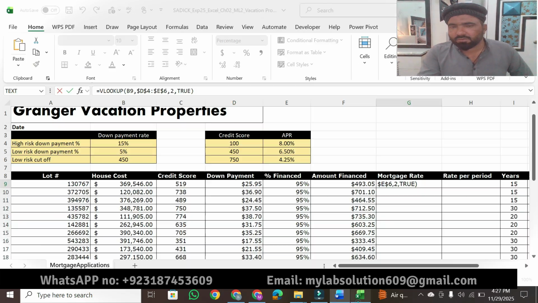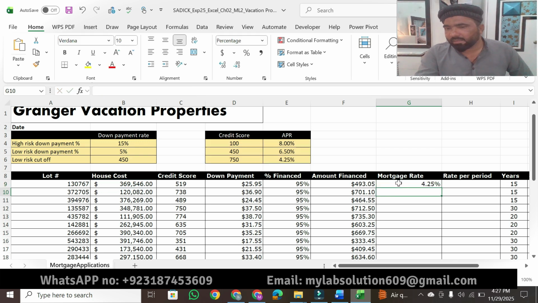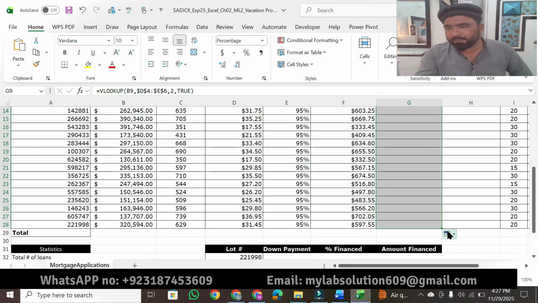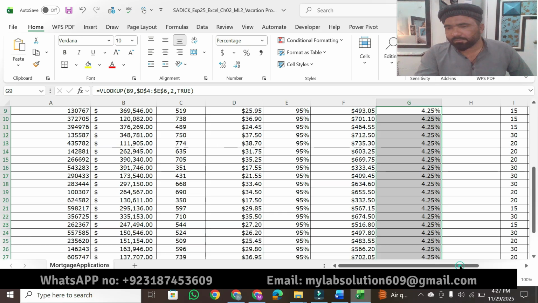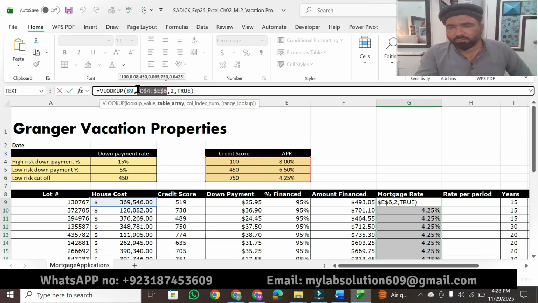Now we have to copy down this formula. First we have to press enter and get the result. Now we have to copy this formula down to G28 here. Then this one, okay. So it means that we have to remove the absolute value from here.